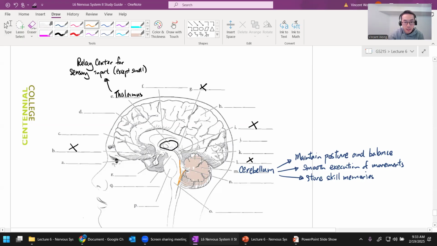Okay, we have the little triangle here. You're probably sick of hearing me say the triangle, but that is the fourth ventricle.